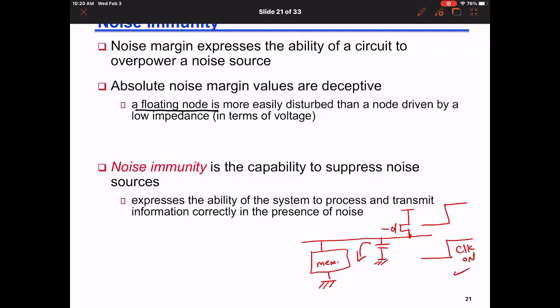We leave the capacitor floating, and if there is an event, it will discharge it. But if the event does not exist, the capacitor will keep its charge alone. It's still floating. There's no path to it, neither to VDD nor to ground. So the noise gives us a false alarm.